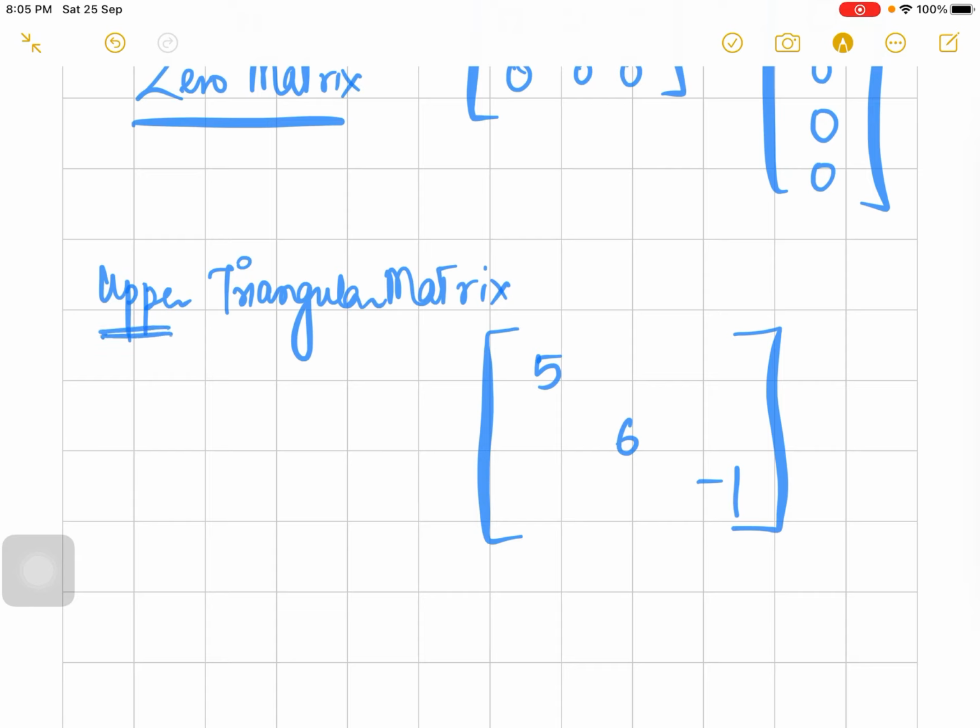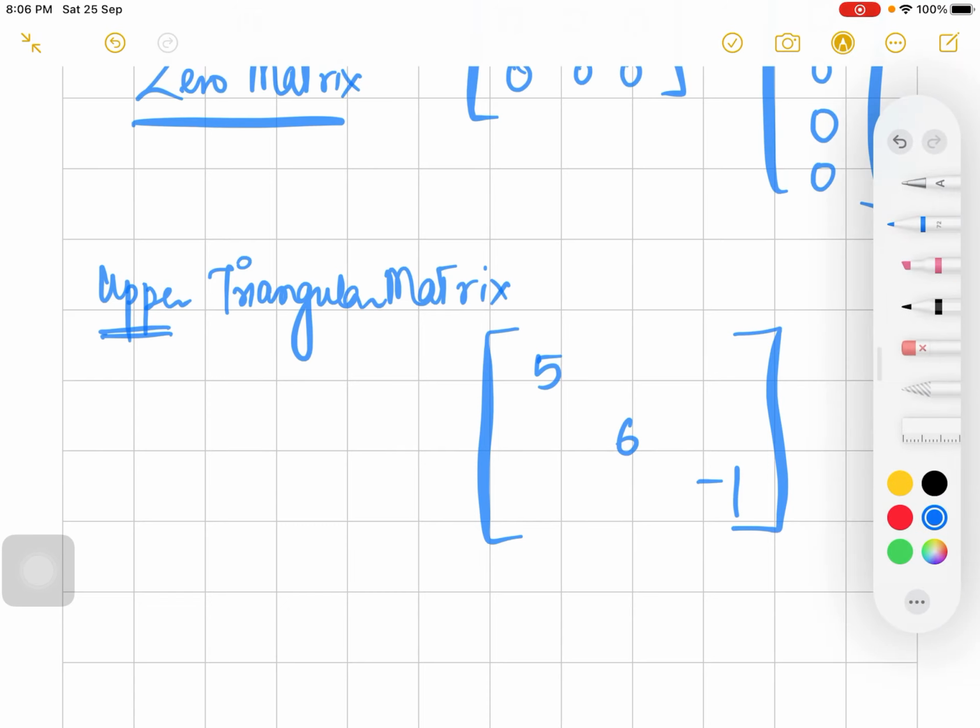In an upper triangular matrix, if you create the upper triangle, it will have proper elements, but the lower triangle, made by the lower elements, will have all zeros, which means that here it's 0, here it's 0, and this is also 0. While this could be a 2, this could be a 3, this could be a 9. This is the case of an upper triangular matrix.